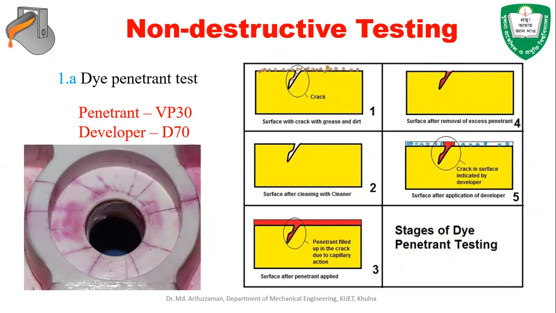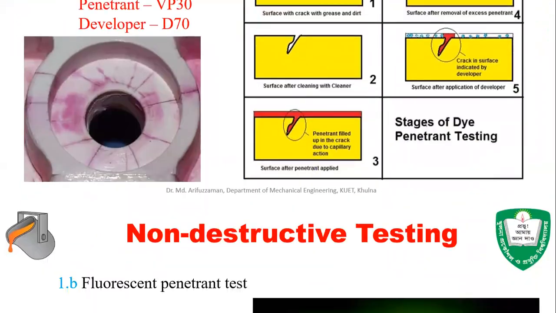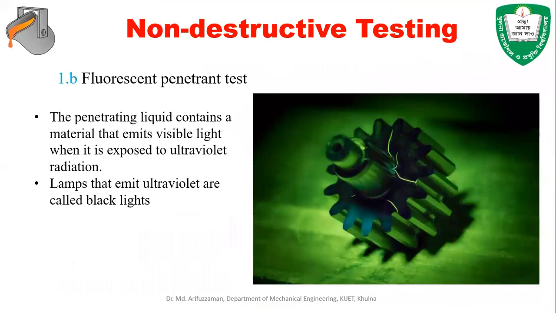All right, in the next one, the fluorescent penetrant test and the dye penetrant test are both the same. The only difference here is that the penetrating liquid that we are using is of such a property that it emits visible light when it is exposed to ultraviolet radiation.